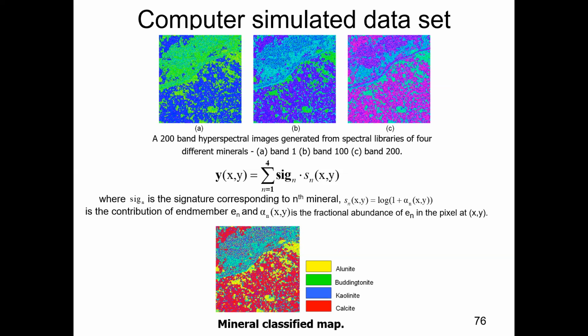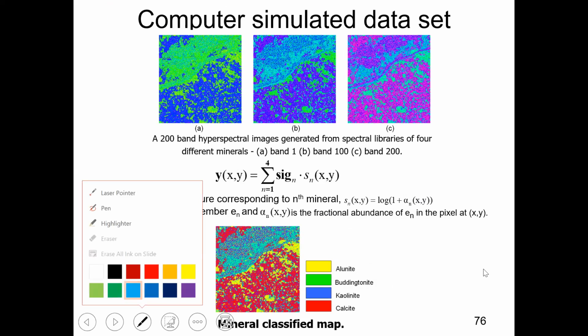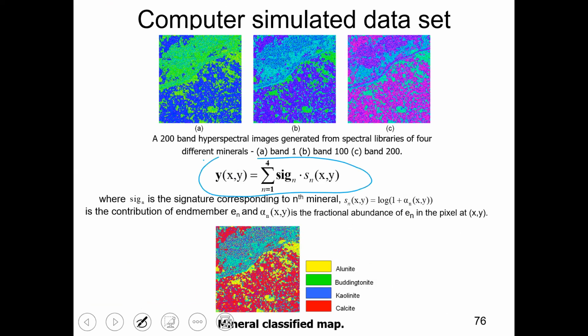These spectral signatures are available on the website of Jet Propulsion Laboratory. From this signal, we had used this particular equation to simulate 200 synthetic bands. Instances of band 1, band 100, and band 200 are shown in the first row.